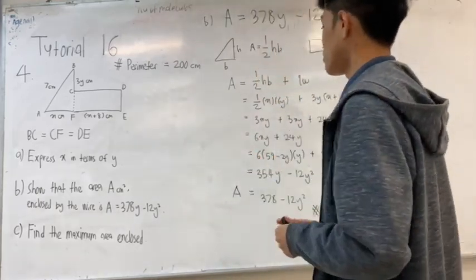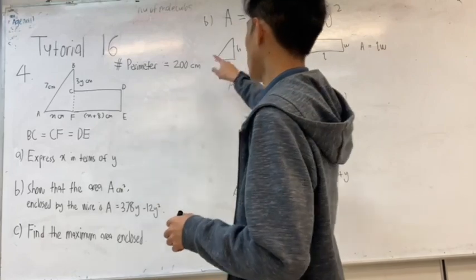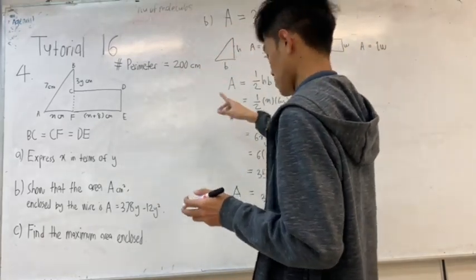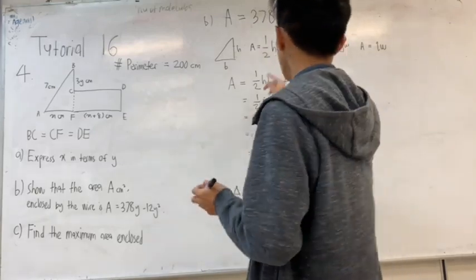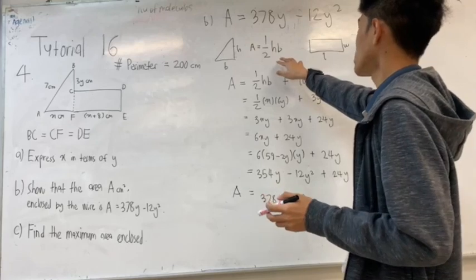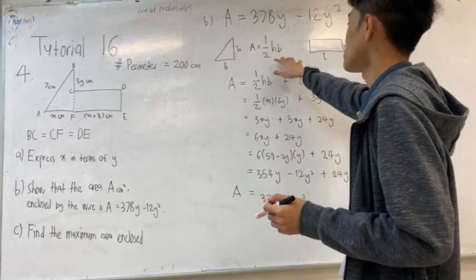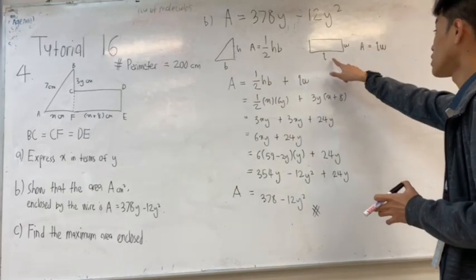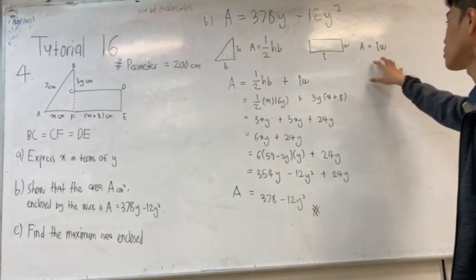First of all, we need to identify the formula for the area of both shapes. So for the triangle, the formula is 1/2 times h times b, where h is the height and b is the base. And for the rectangle, it is length times width.